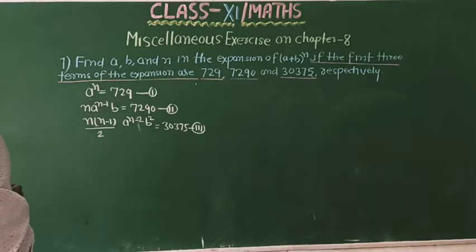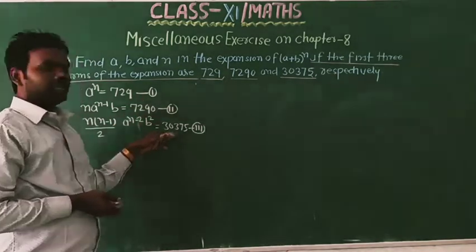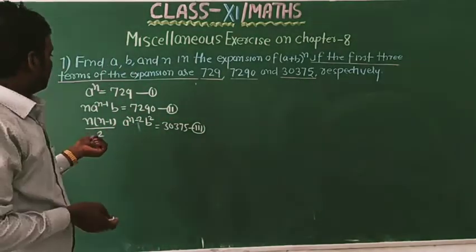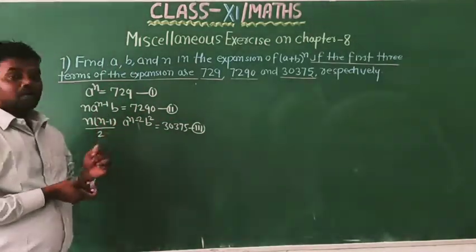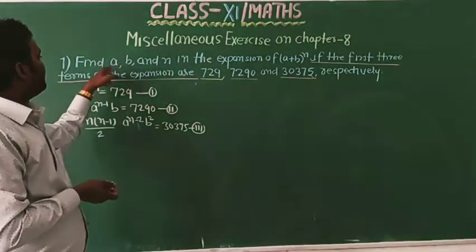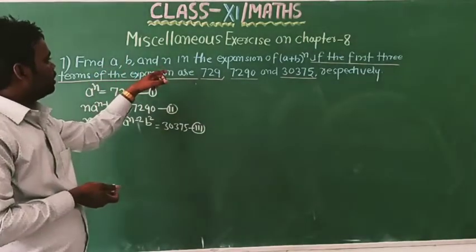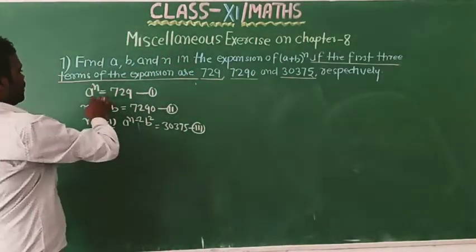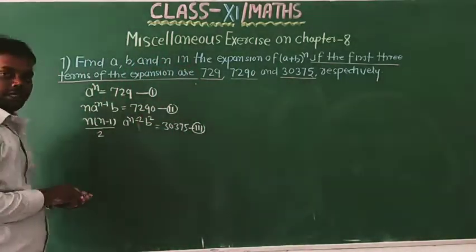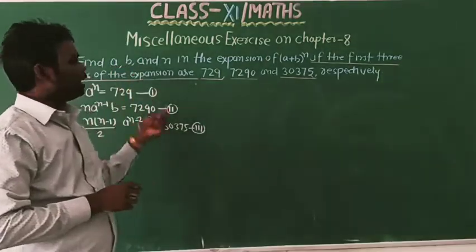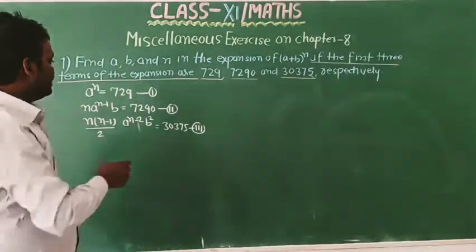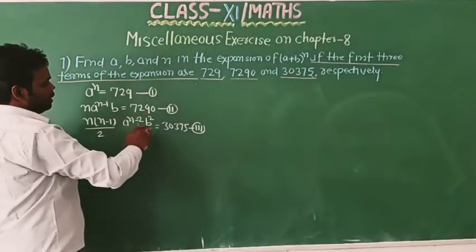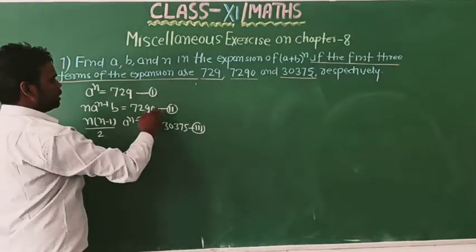So children, these are equations number 1, 2, 3. Now we need to find the values of a, b and n in the expansion of (a + b) to the power n. By using equations 1, 2, 3 we have to find the values of a, b and n. So we divide equation 2 by equation 1 first, and in the second case divide equation 3 by equation 2.